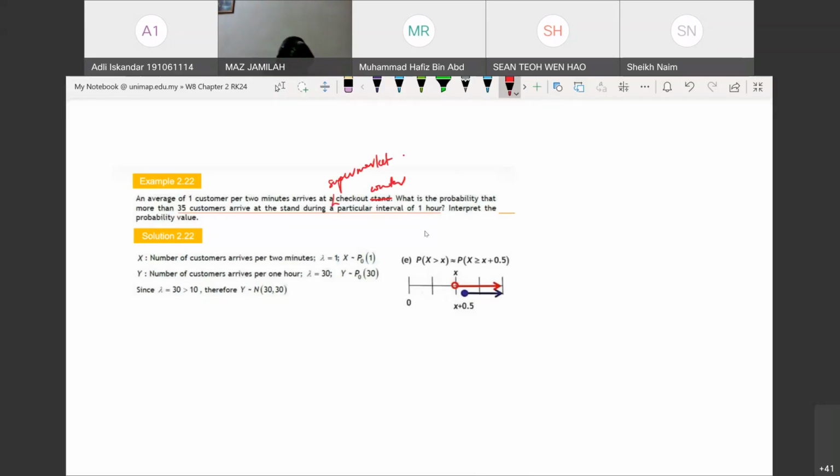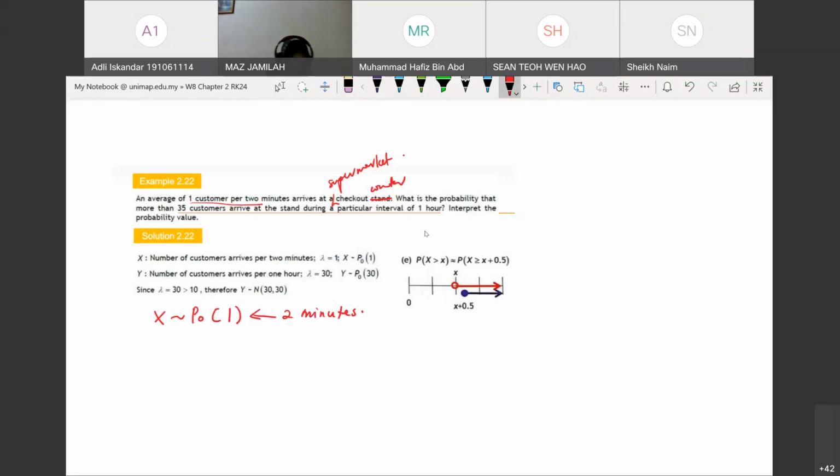Okay, now for the X, what will be your random variable defined following Poisson? The number of customers arriving per 2 minutes. Okay, the given condition is for 2 minutes. So in this case, X is following Poisson with lambda equal to 1. That is for 2 minutes.